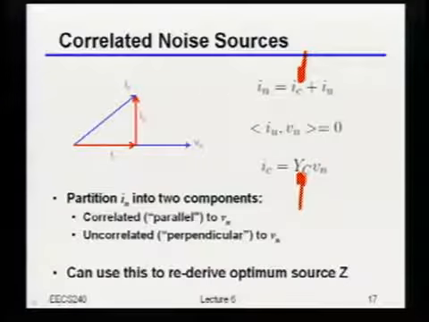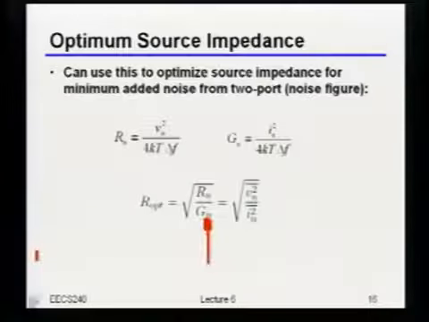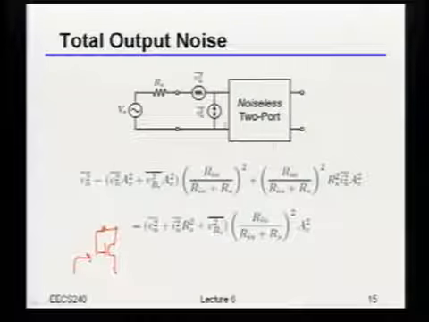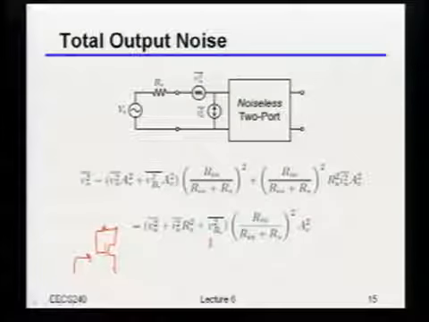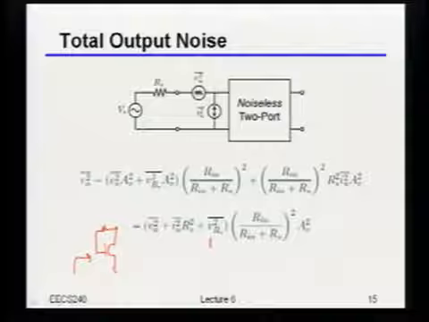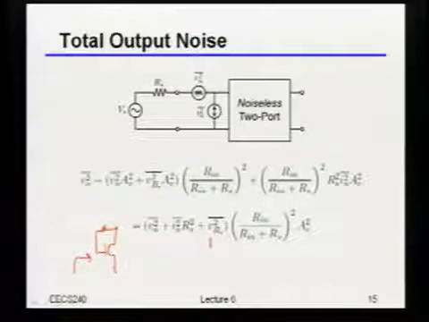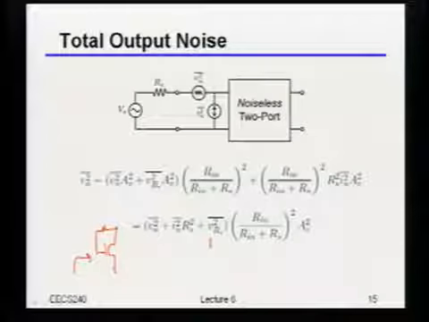And so that's why I've made that a complex number there. But once you've done this, you can go back, and if you're interested, redo all of these equations, including the fact that some of the noise current is correlated with the noise voltage. And you can rederive what's the new optimum source impedance that would minimize the overall noise, okay?